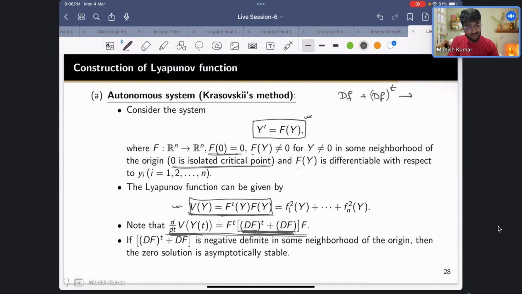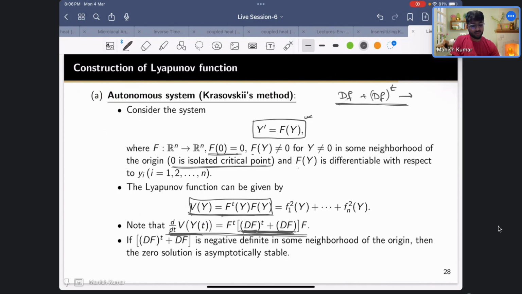If this matrix is negative definite, then you can say that the origin is asymptotically stable, and the underlying Lyapunov functional is this one. If you have a feeling that the origin (0, 0) is asymptotically stable, just look at this matrix.